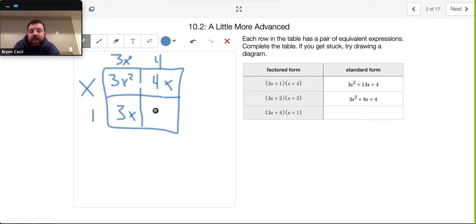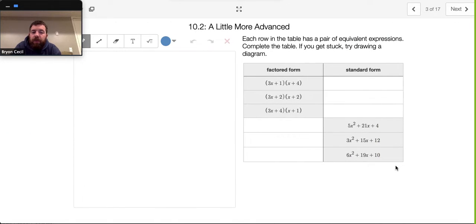And 1 times 4 is 4. And so for this one, I'm going to have a 3x squared plus 7x plus 4. Okay? And so that's how we do it. Now, remember, just a side note, if you are a person that FOILs, you could have absolutely FOILed these and would have got the same answers. Okay? And so we should be good to go.